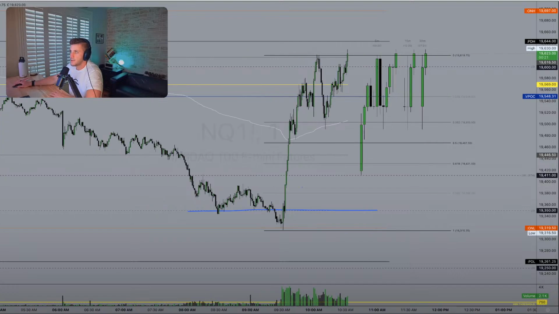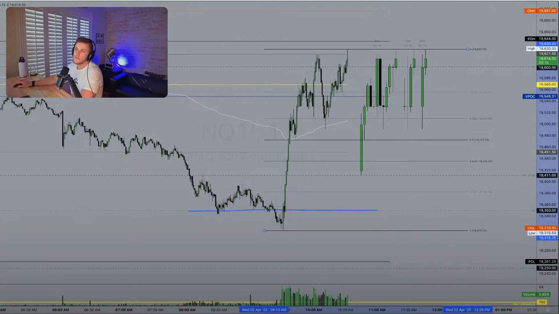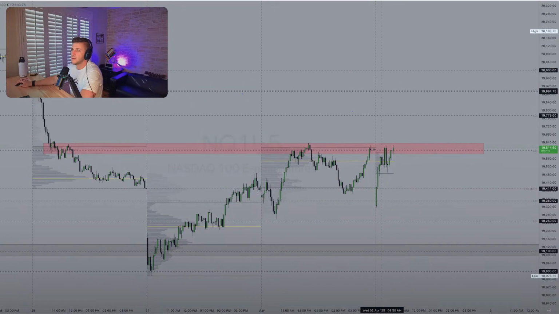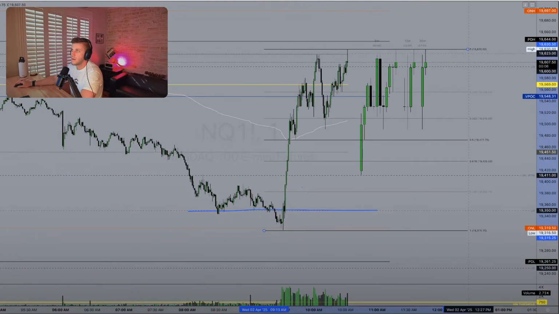So buyers showing their strength here. Let's see where we're at as far as this context coming into that prior day high. I think it's 640-ish, 644. Yeah, 644 prior day high.